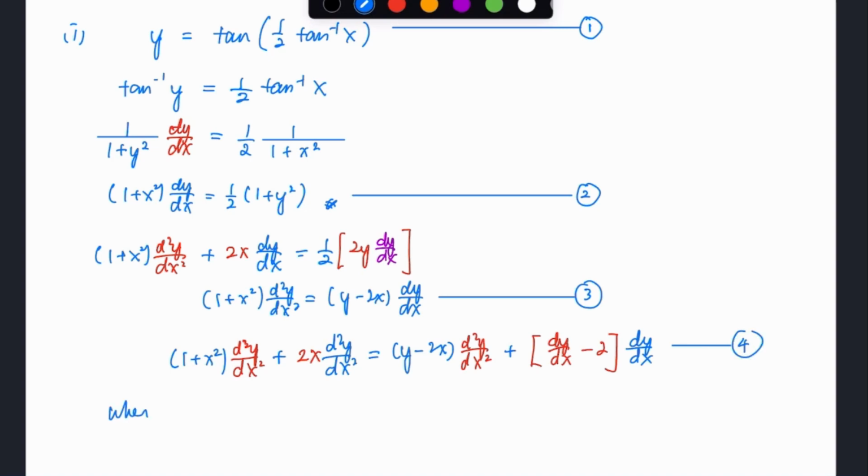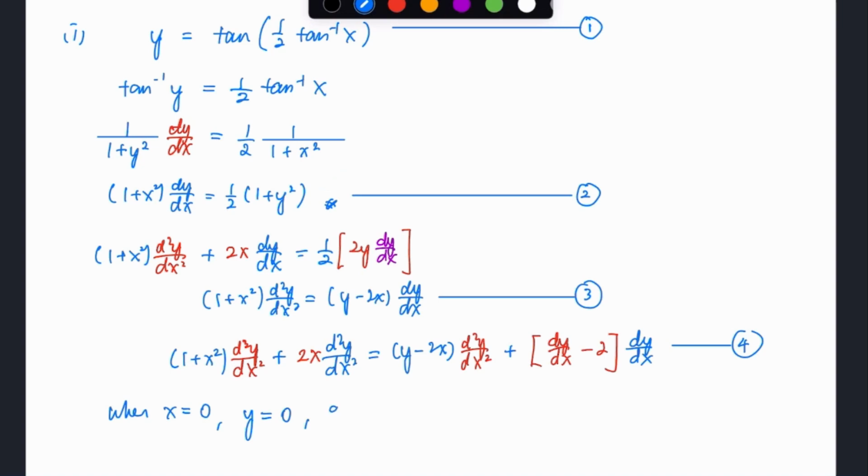When we're doing the Maclaurin series, our x needs to be 0. The center is at 0. So y equals tangent of half of tangent inverse 0, which is 0. So tangent 0 is 0. Now from equation 2, your y is 0, x is 0 already, correct?